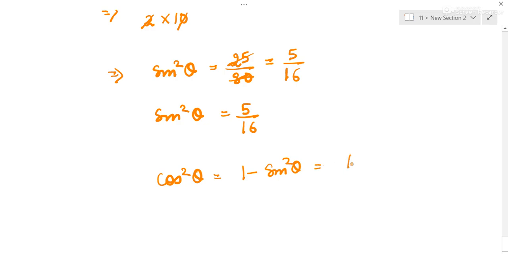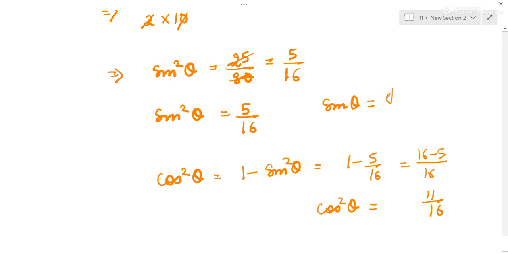So this is 1 minus 5 by 16, which is 16 minus 5, 11 by 16. So cos square theta is 11 by 16. Basically sine theta is root 5 by 4 and cos theta is root 11 by 4, as the square root of 16 is 4.